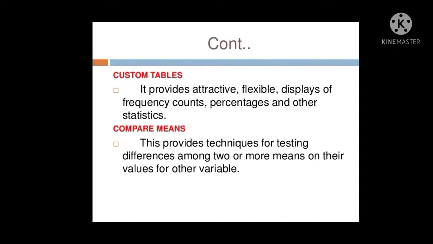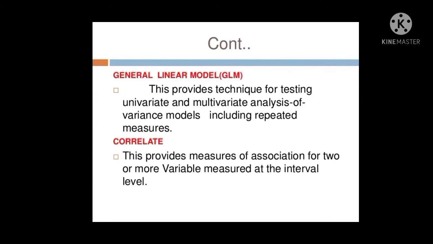Compare means. This provides techniques for testing differences among two or more means on their values for another variable. General linear model. This provides techniques for testing univariate and multivariate analysis of variance models, including repeated measures. Correlate.